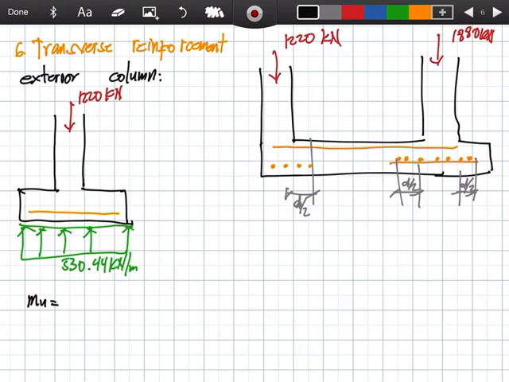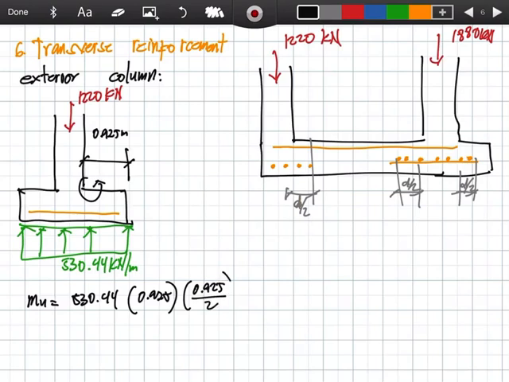And then, makukuha natin yung ating MU. Anong MU natin? Moment ay andito sa face of the column. That is 530.44 times, what is this? 2.3 minus 0.45 divide it by 2. 0.925 meters times 0.925 for the load, ang distance 0.925 divide it by 2.